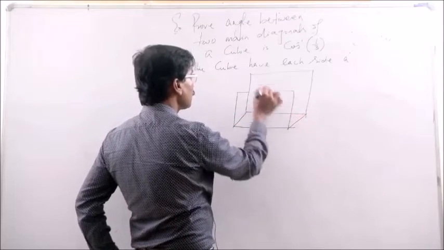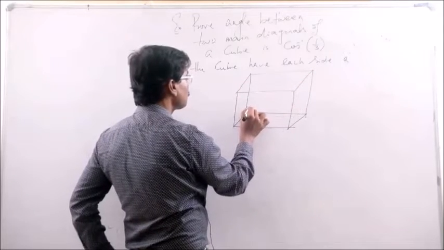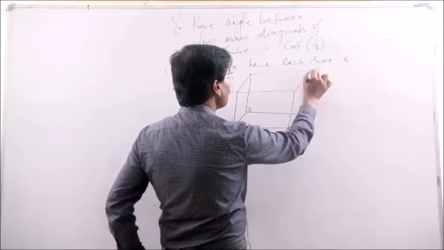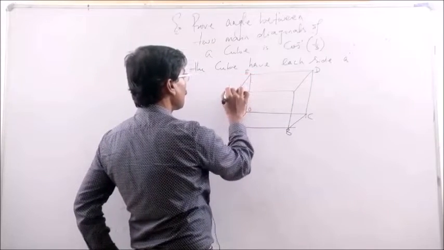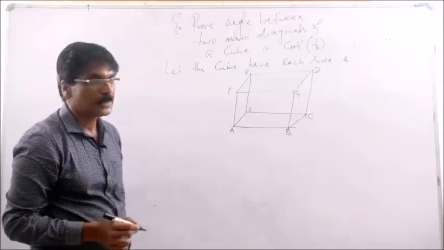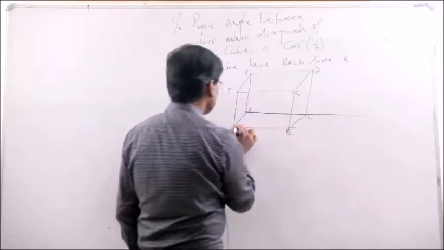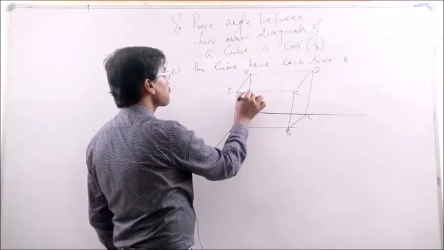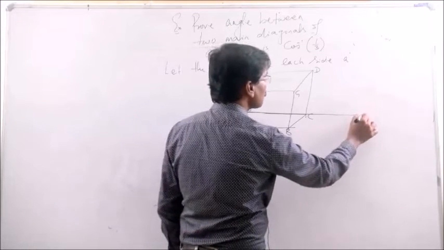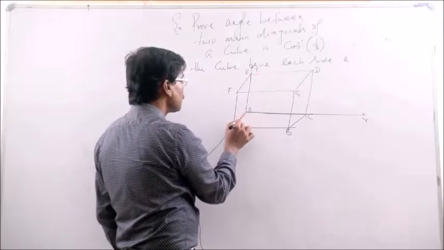So, draw a cube and name it as O, A, B, C, D, E, F, G. So, this is a cube having each side a. Consider the axes along 3 edges: x axis, y axis and z axis. So, each side is a.